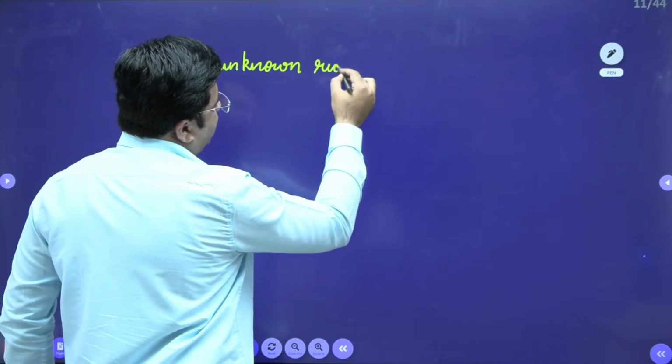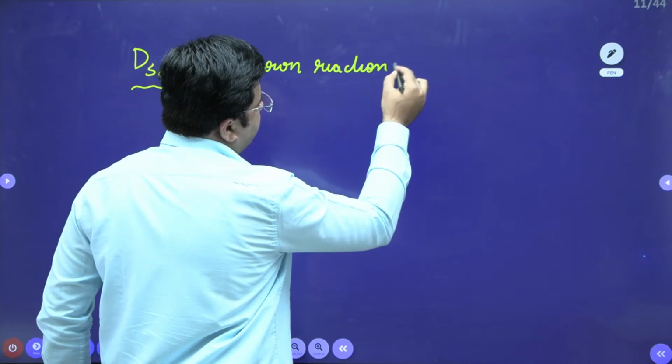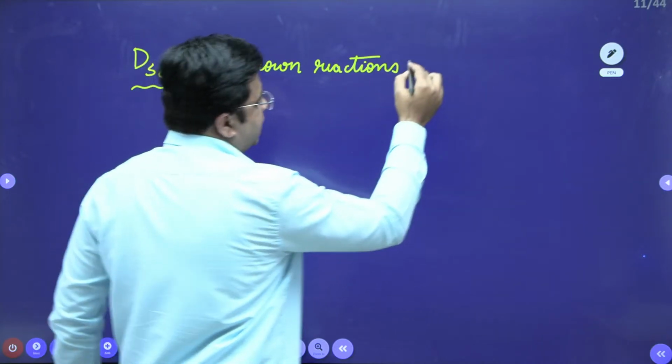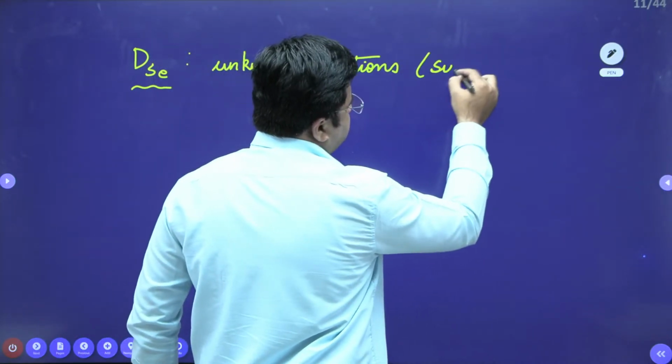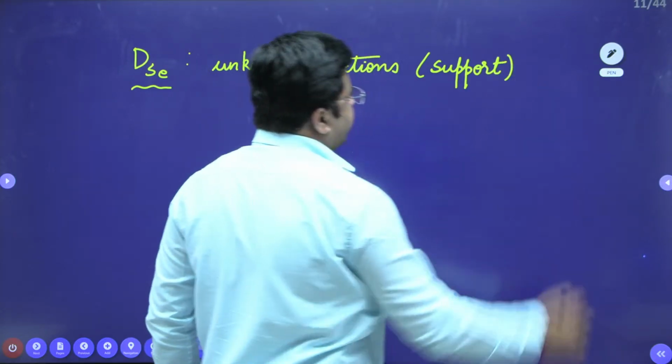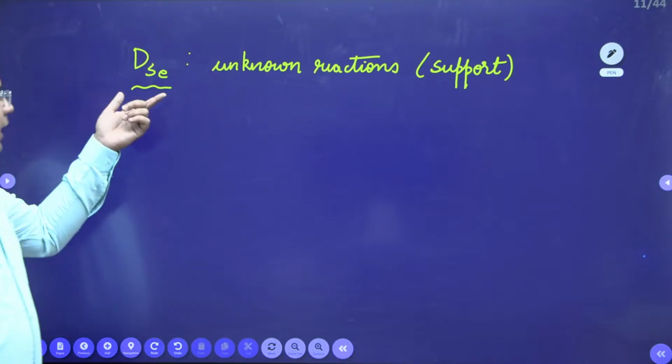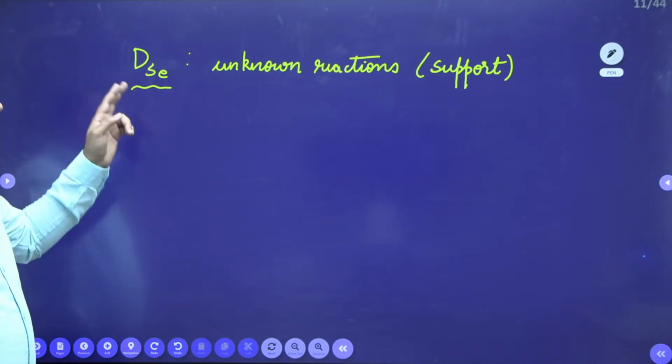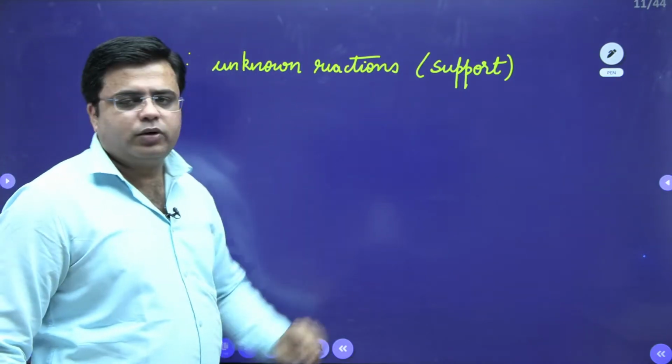We are talking about the unknown reactions, right? And these unknown reactions are usually the support reactions. So, degree of external indeterminacy deals with the unknown support reactions.